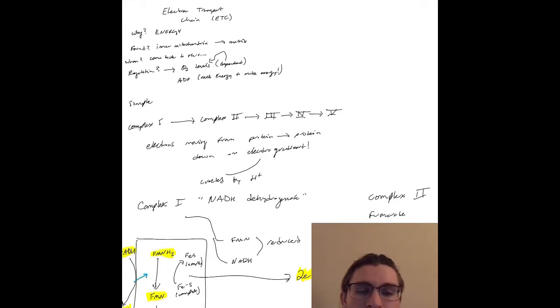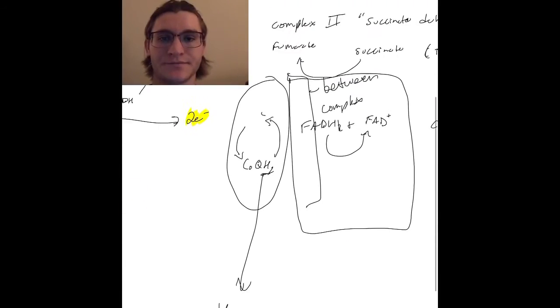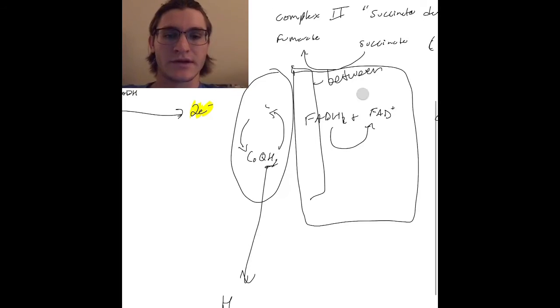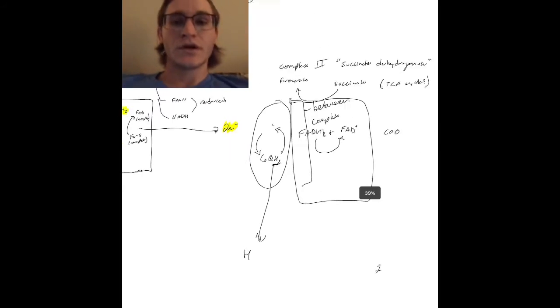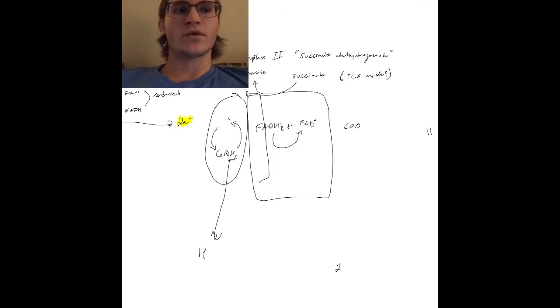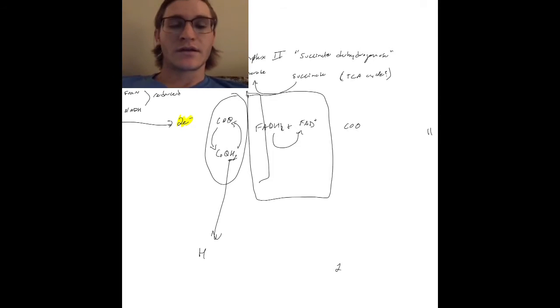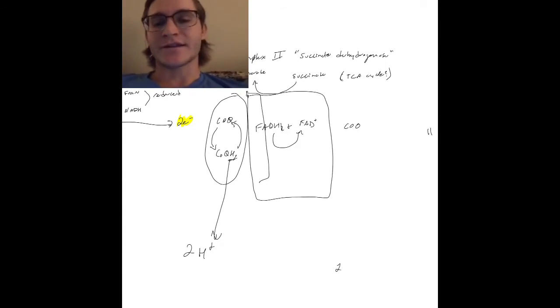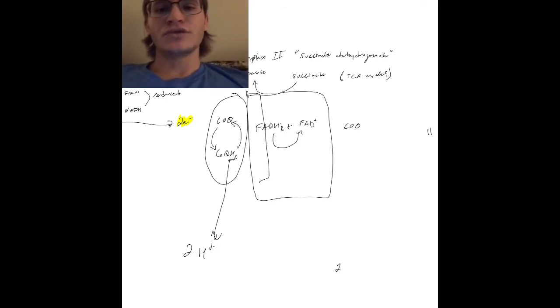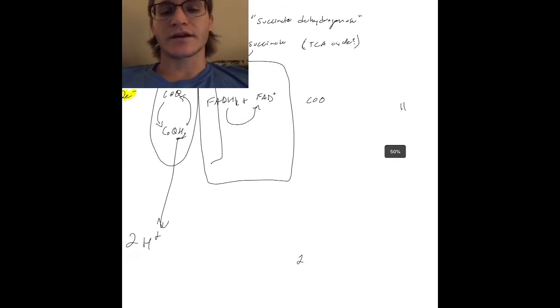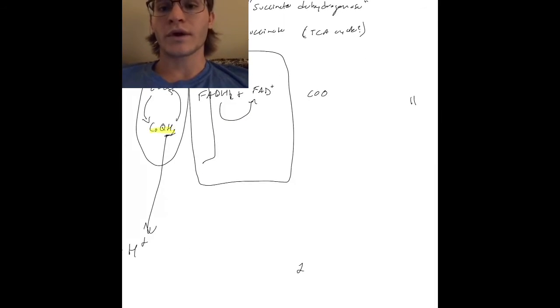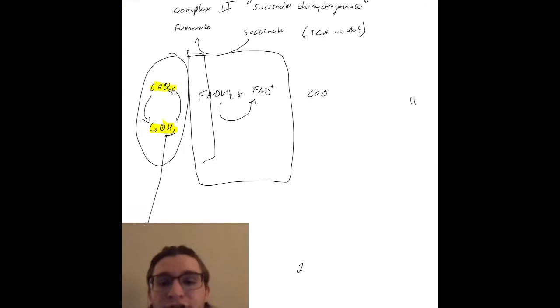But all you need to know with complex 2 is that we have coenzyme Q, which is one of the only molecules in the electron transport chain that is not a protein, and it's used to taking the electrons from complex 2 or 1 and pushing out hydrogens as well.